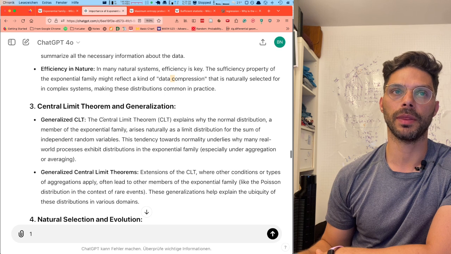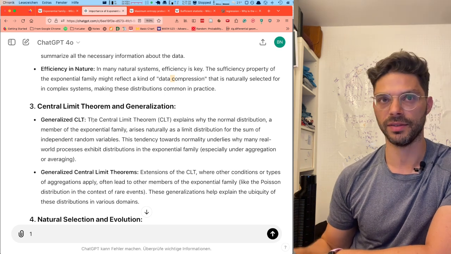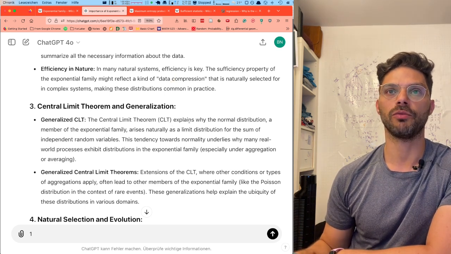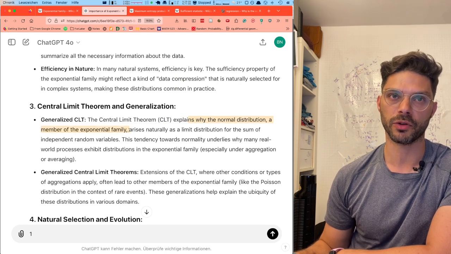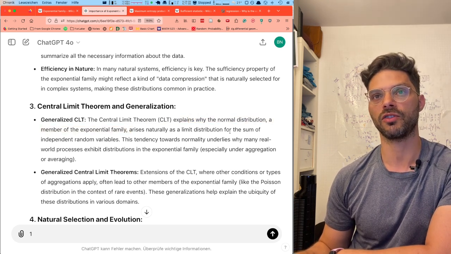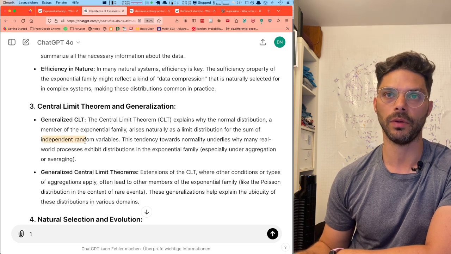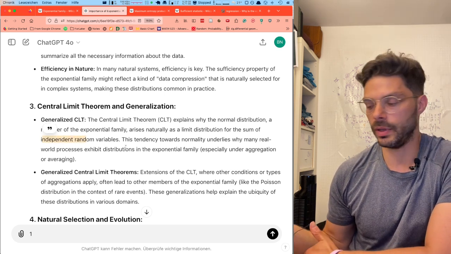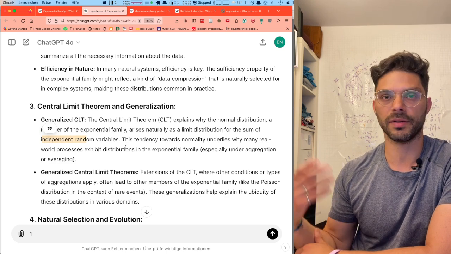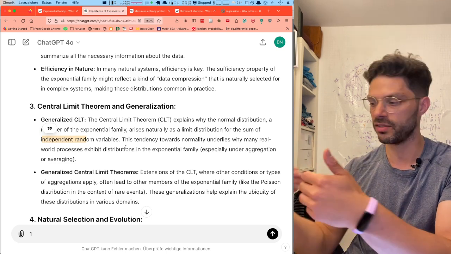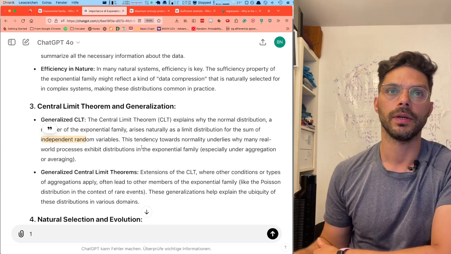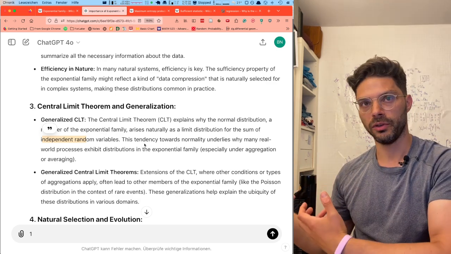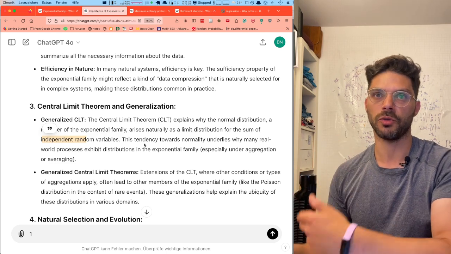Okay, so the central limit theorem. This is an important one. It explains why the normal distribution, a member of the exponential family, arises naturally as a limit distribution for the sum of independent random variables. In the real world, lots of the effects that we see are produced by sums of effects adding up. And so that's why we see the normal distribution. So that at least explains why that distribution comes up a lot.